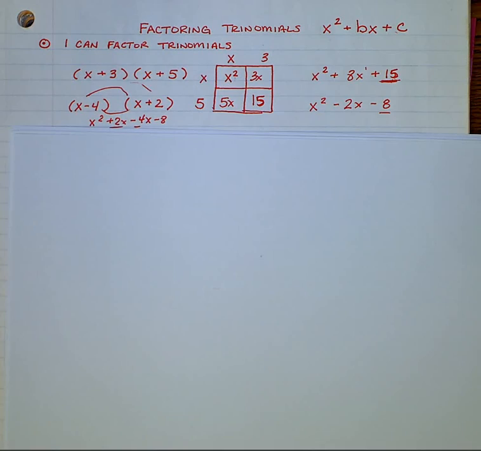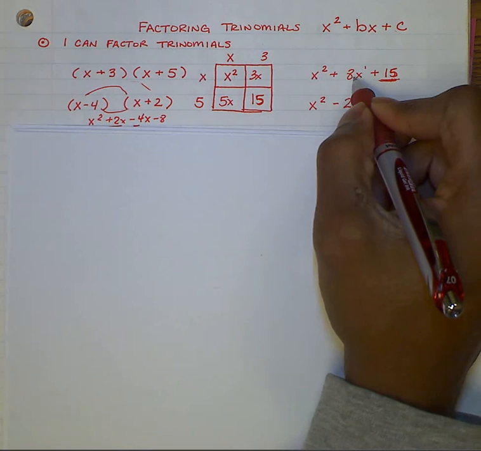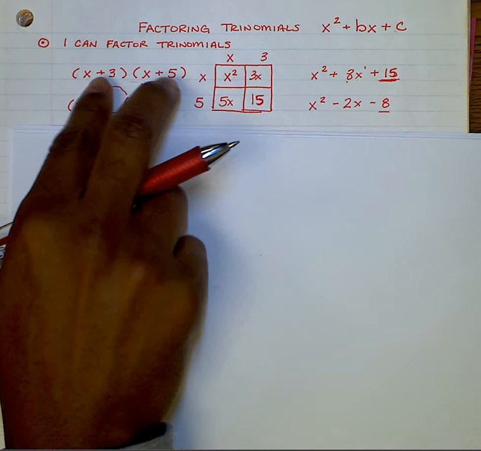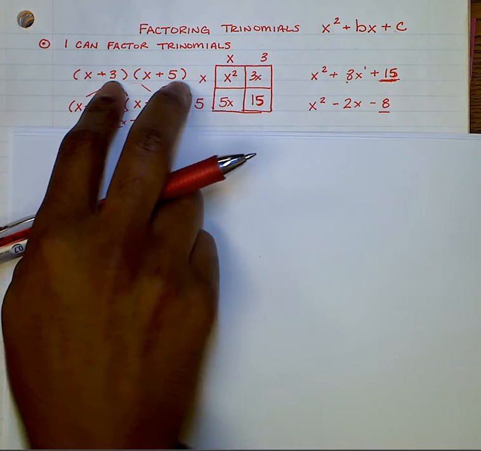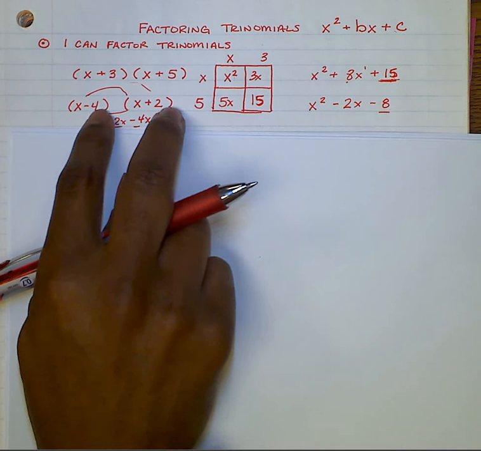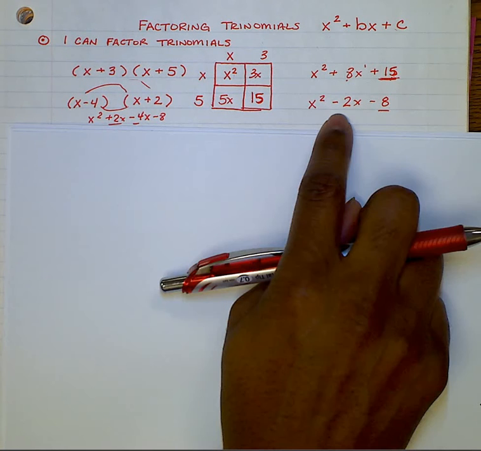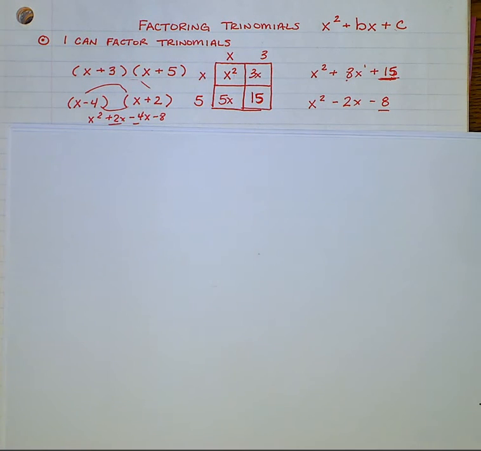And notice that b was always these two numbers added together. 3 plus 5 was 8. Negative 4 plus 2 was negative 2. We'll use that in order to factor trinomials.